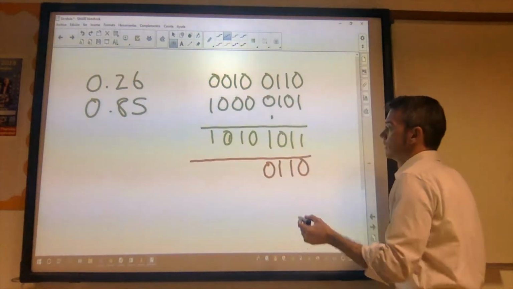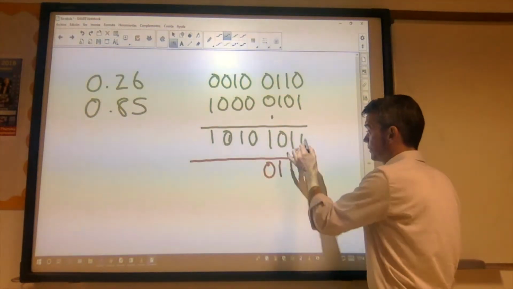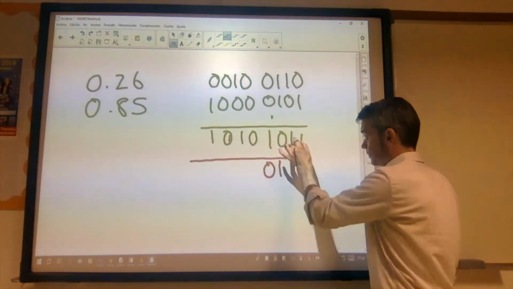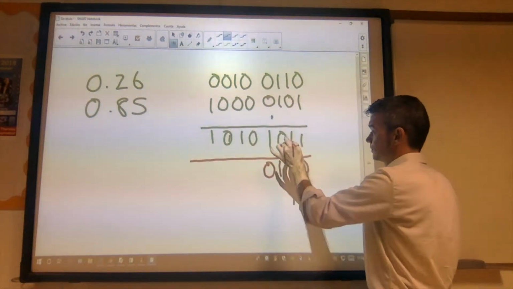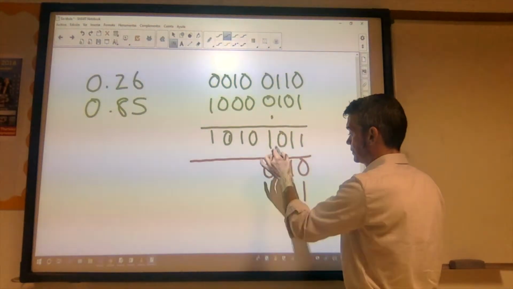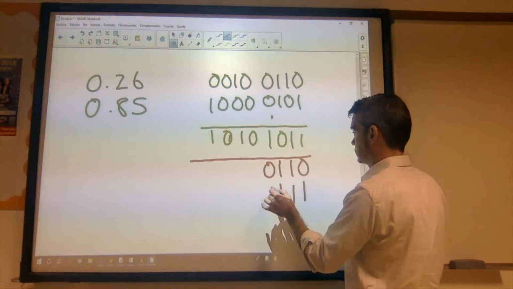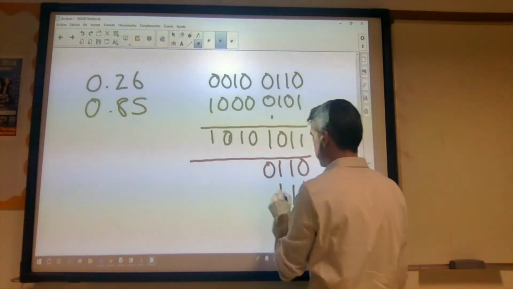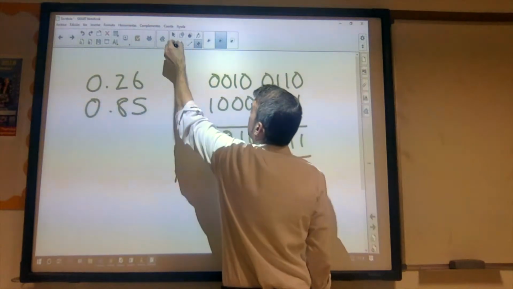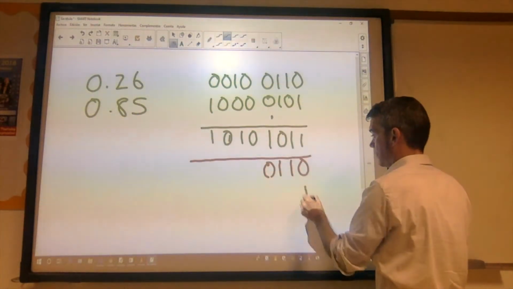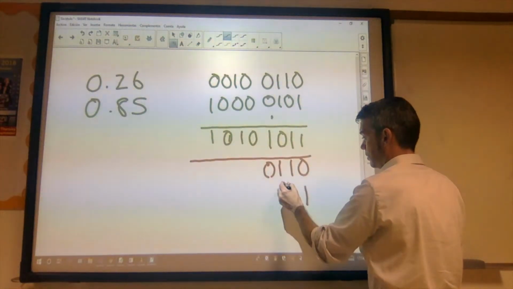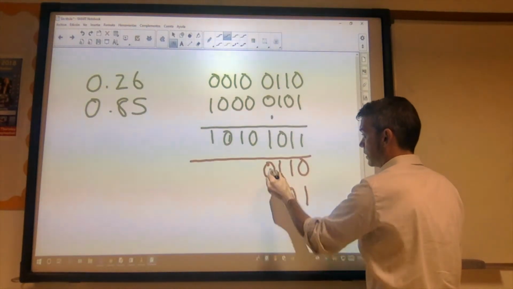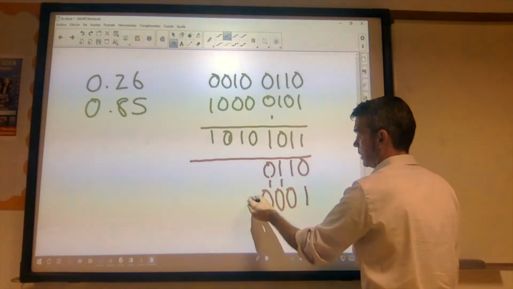It will give us 1, 0, 1, which will give us 0 and carry 1, 0 and carry 1.